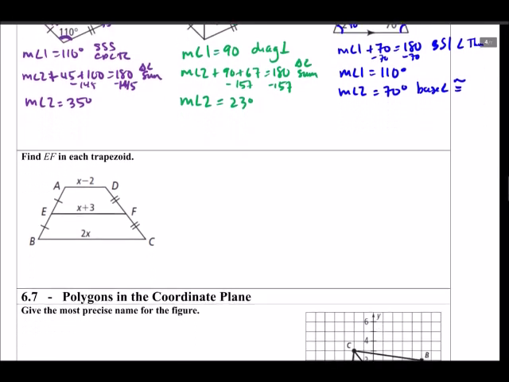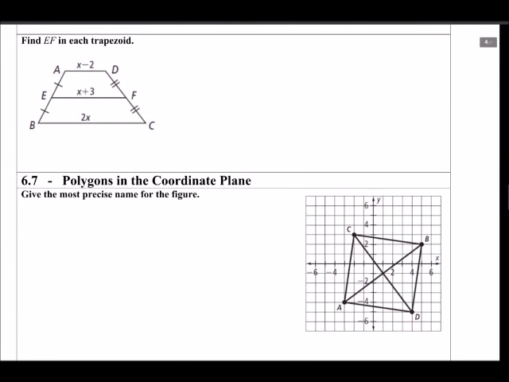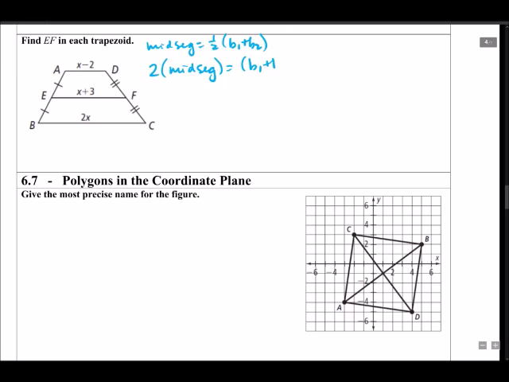All right, what's next? Ooh, this looks like a touch of the triangle mid-segment theorem. What is the triangle mid-segment theorem? It says that the length of the mid-segment is 1/2 of the sum of our bases, or my preferred method, 2 times the length of the mid-segment equals the sum of the bases.